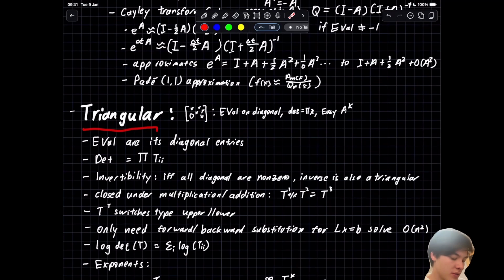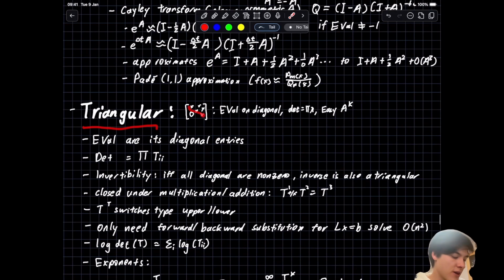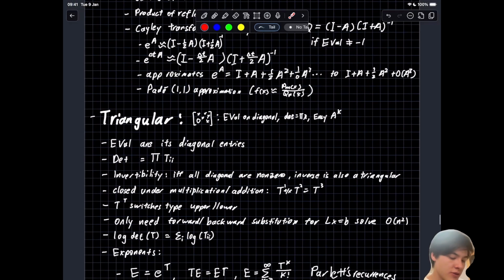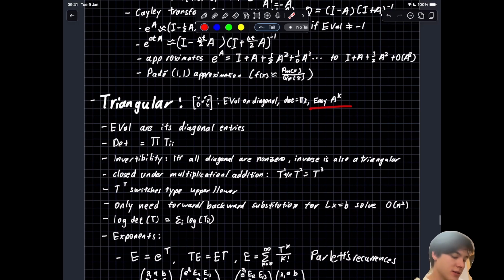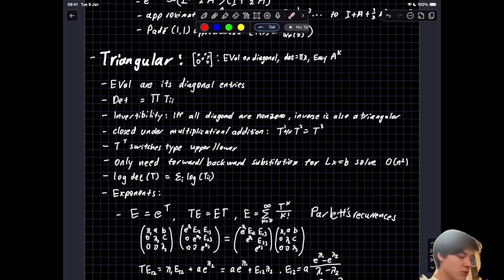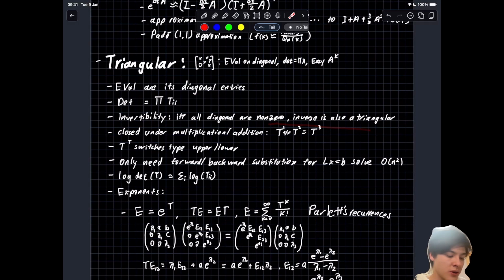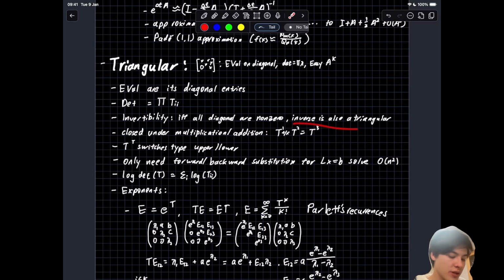Triangular matrices. So the eigenvalues are on the diagonal. The determinant is just the multiplication of those. And it's an easy exponential. That's why we love it, and easy to solve. Invertibility: if all the diagonals are non-zero, that means the determinant is non-zero, so we can invert.